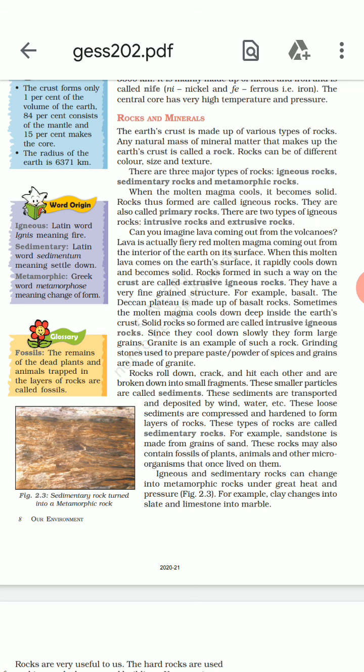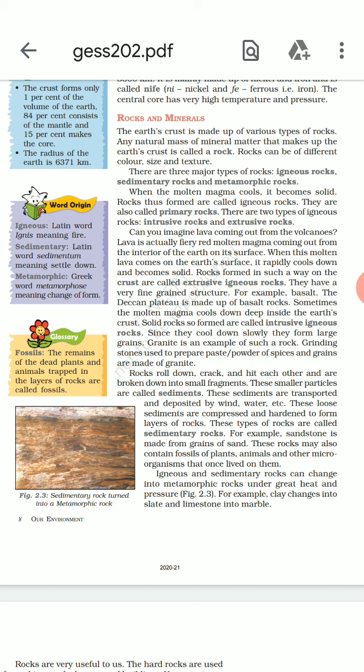At that time, the intrusive igneous rocks were made. Since they cool down slowly, they form large grains. Granite is an example of such a rock. Grinding stones used to prepare paste or powder of spices and grains are made up of granite.